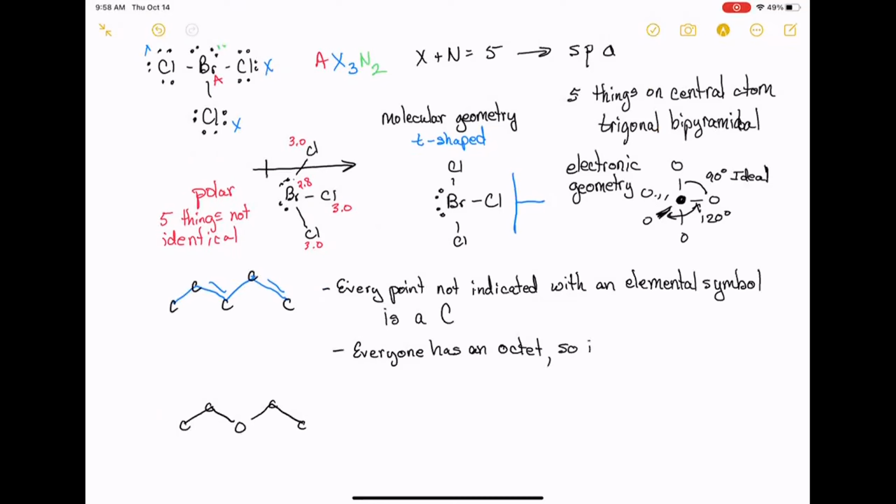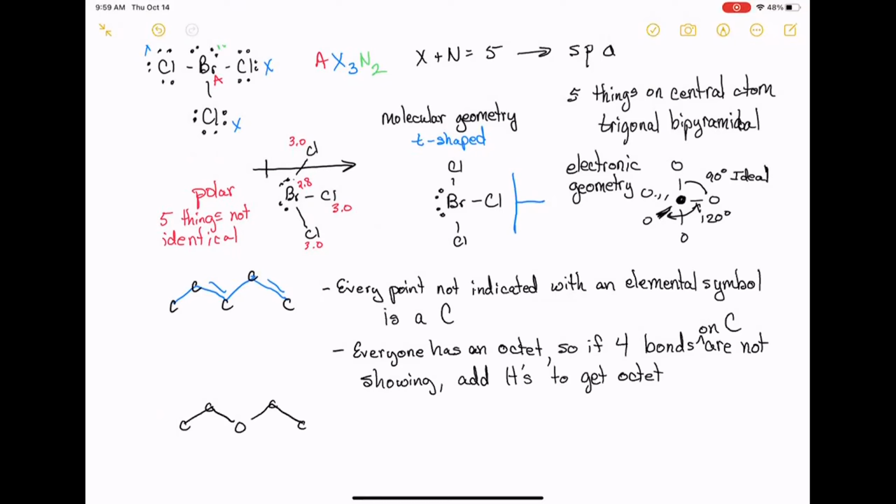So if 4 bonds are not showing, add hydrogens to get 4 bonds, or to get the octet. Specifically for carbon.